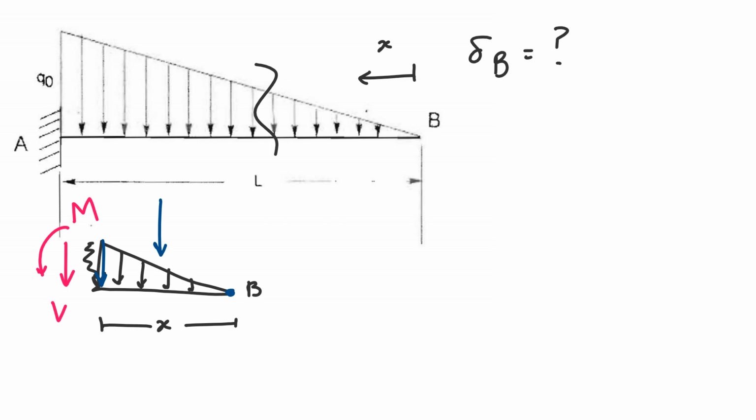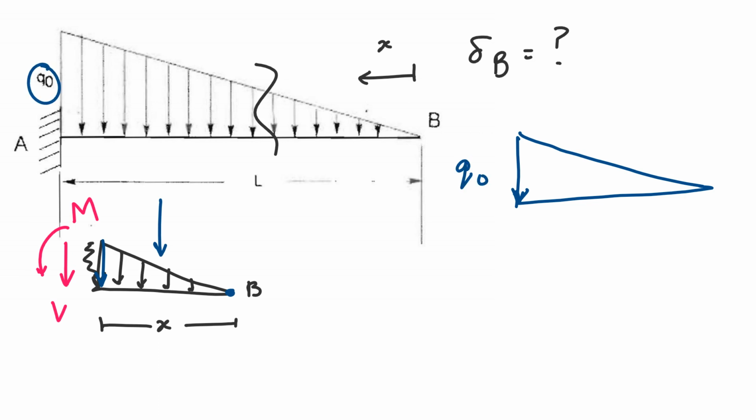Well, as we did in the previous video, we're going to have to use similar triangles again. And this is a common theme in this stupid structures class. So, here we're going to have to use all the information that's given to us. Here we have Q0. Q0 is the load at A. It's the maximum load.